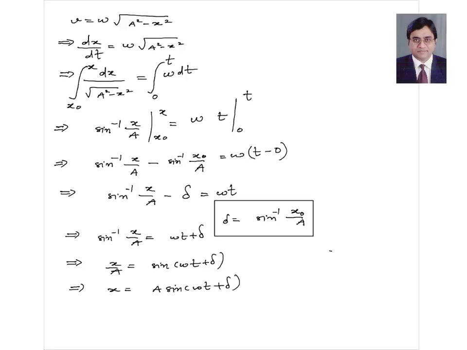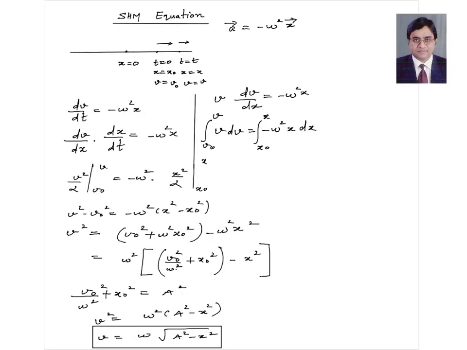Using that analogy, it is very easy to tell what would be Vmax. Look at the bottom of this board, board number 3, and put x equal to 0. And you get V equal to omega A.